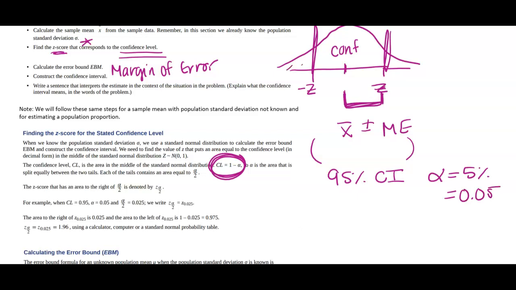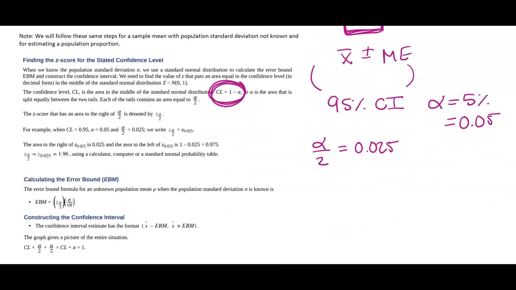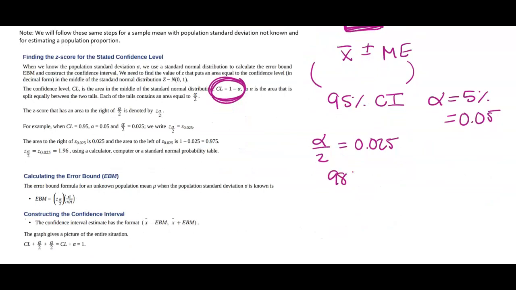But that has to get shared, right, because this is a middle piece. So my alpha over 2 means that each side has to share 0.025. If I was doing a 98% confidence interval, alpha is 0.02, then each side of that would be 0.01.